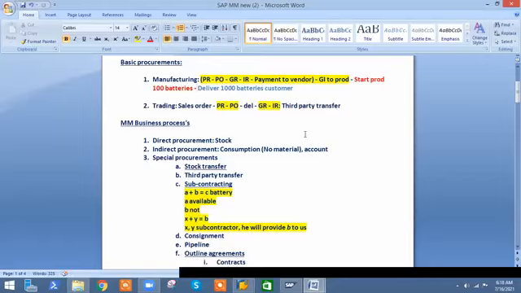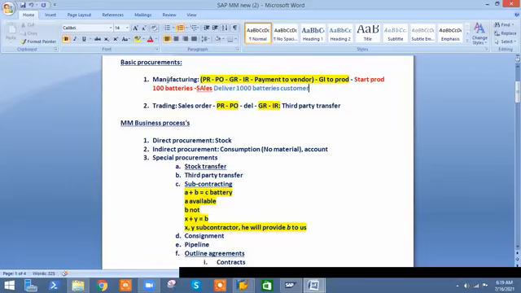Why? Because they are originally the sellers. The purchasing team will purchase the materials, the production department will produce the product, and finally the sales team will sell that product to customers across the globe. So the sales team will deliver 1000 batteries to the customer.